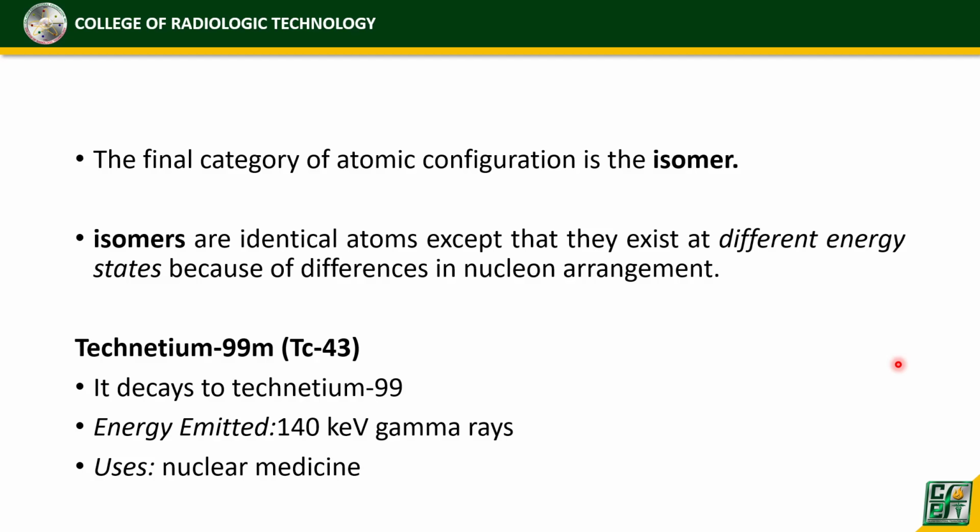Different atomic mass number and different atomic number. And hindi siya masyadong nagagamit sa ating field. Normally, ang nagagamit lang sa ating field ay isotope. Yung isobar, masyadong ano na siya, mataas na, hindi siya mataas in terms of energy.